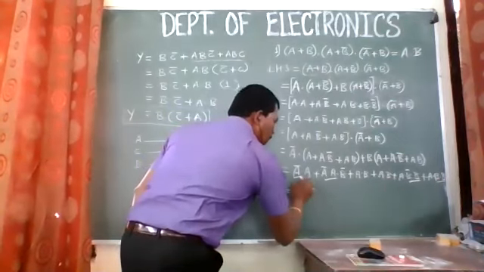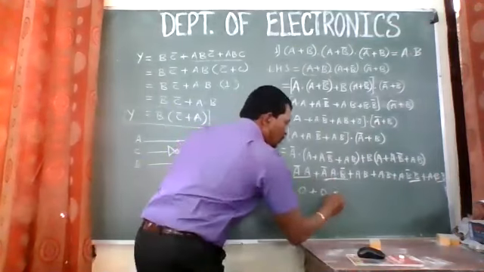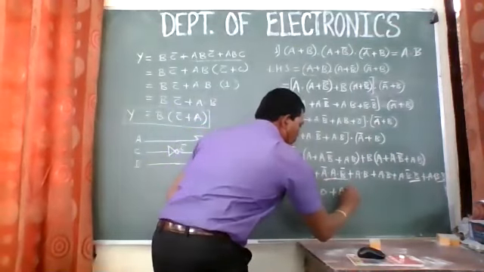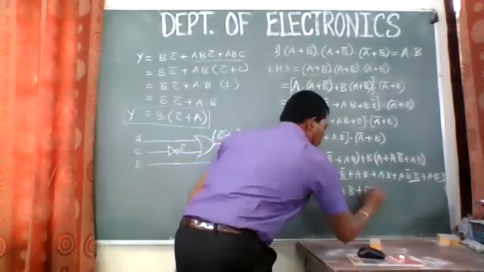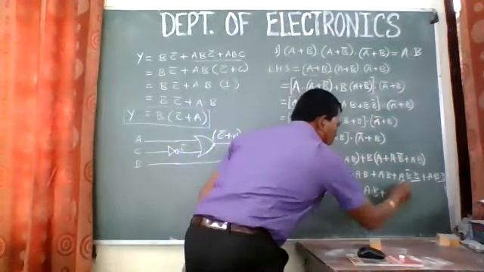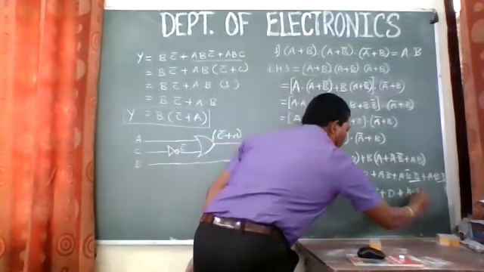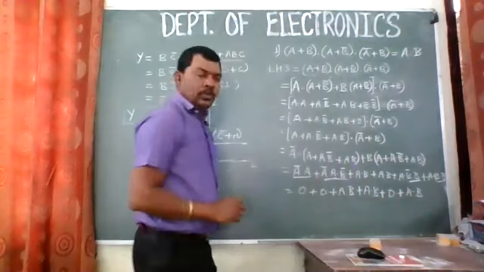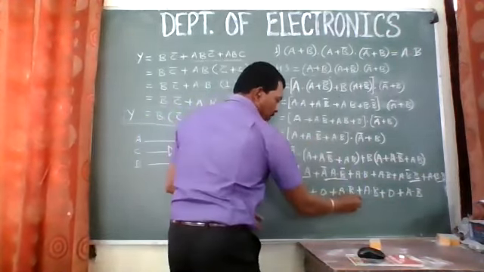So again a dot a bar is 0, so this is 0 plus this whole term becomes 0 plus a dot b plus ये again a dot b है plus this whole term becomes 0 plus ये एक बार और a dot b है, so all are zeros.